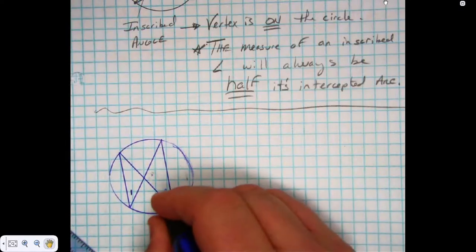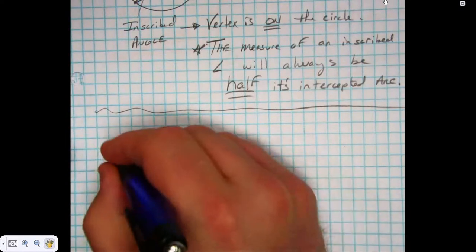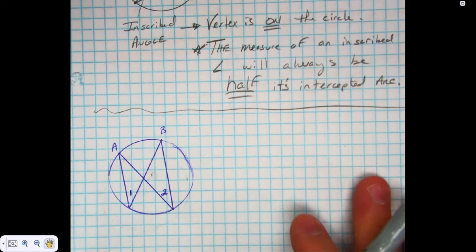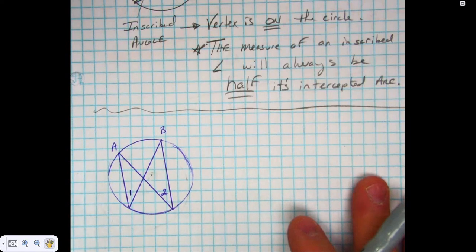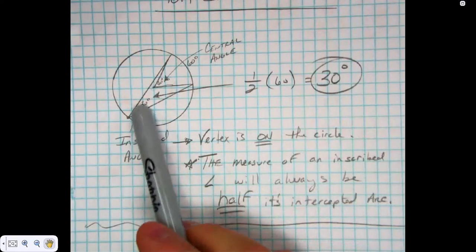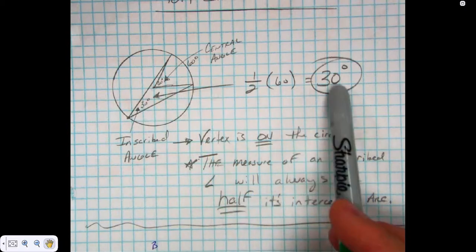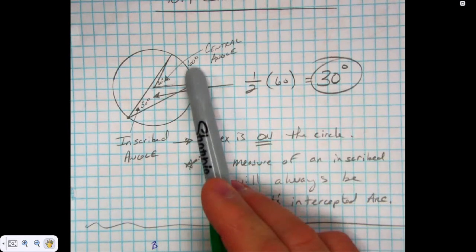Let's call this angle 2. What do you think I can say about those two angles? Stop writing and just look up here. Up here we said that the measure of an inscribed angle is always what? Half the measure of its intercepted arc, correct?